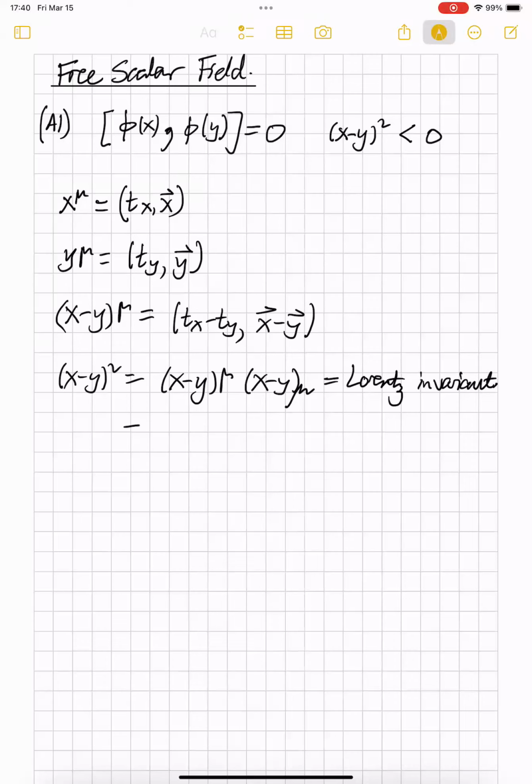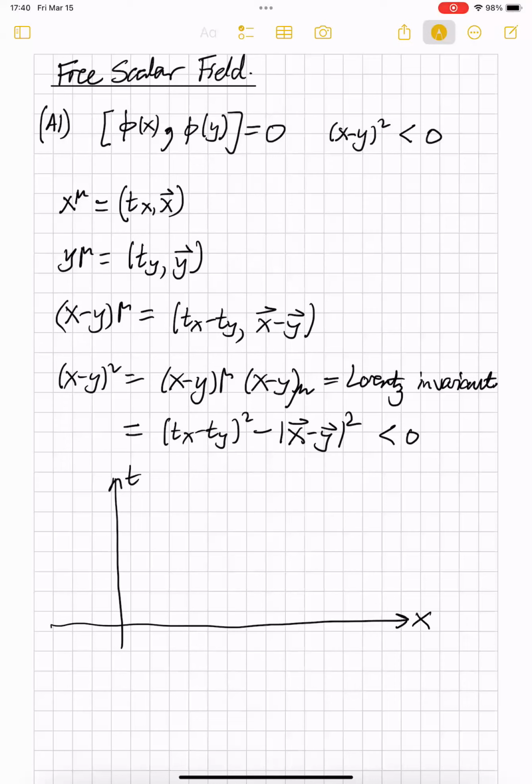Now, what is (x minus y) squared equal to? Well, this is the square of the time component minus the square of the spatial component. This is negative for space-like separated. So that means the spatial separation is larger than the temporal separation. So if we were to use our old crutch of a space-time diagram, if we put x sitting over here, point x^μ, and we draw in the light cone.